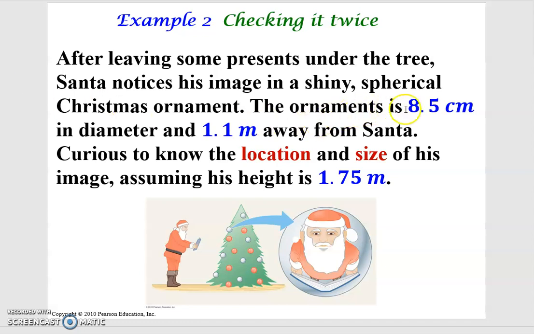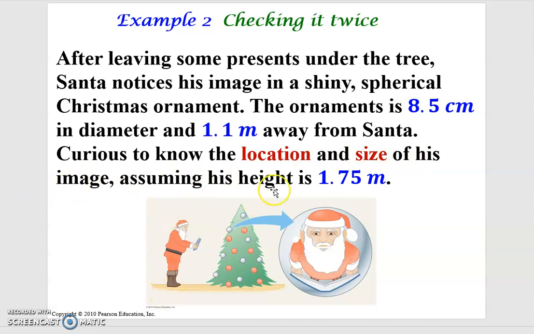The diameter of the sphere is given, and the distance between Santa Claus and the mirror is also given. So this is your d_o, and this is the R value, but this is 2 times R. We want to know the location and the size of Santa Claus's image.